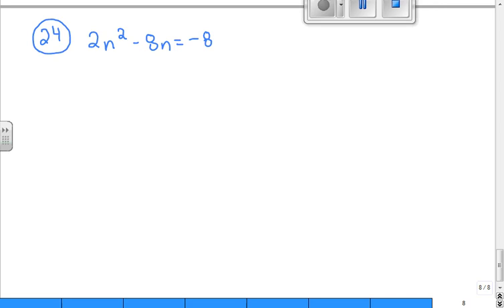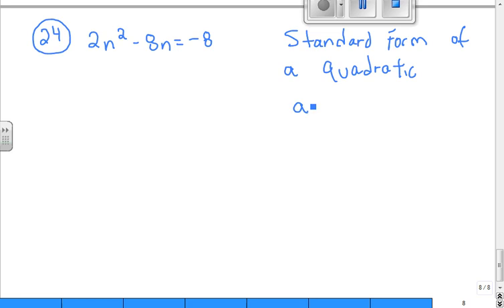Okay, so the two things that we need to know. We need to refresh our memory of the standard form of a quadratic, which is ax squared plus bx plus c equals 0.